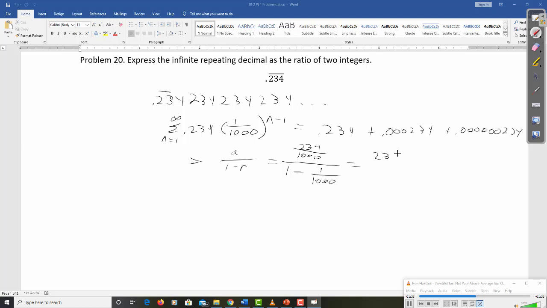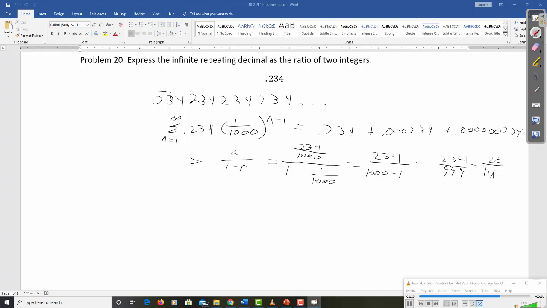So this is 234, multiplied top and bottom by 1,000, over 1,000 minus 1. So that's 234 over 999. And I believe that'll reduce. I believe that is 9 times 26 on the top. So that's 26 over 111.